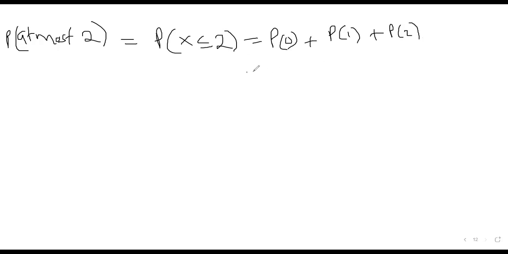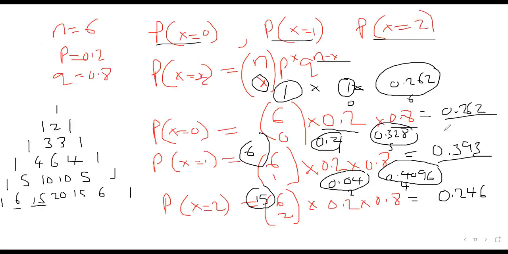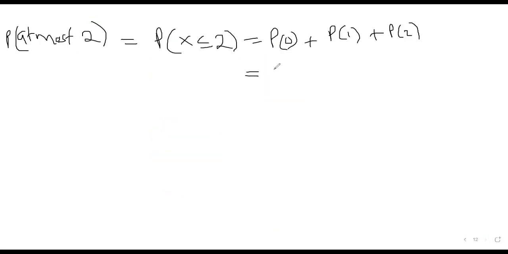What was the probability of 0? The calculated probability of 0 was 0.262. What was the probability of 1?